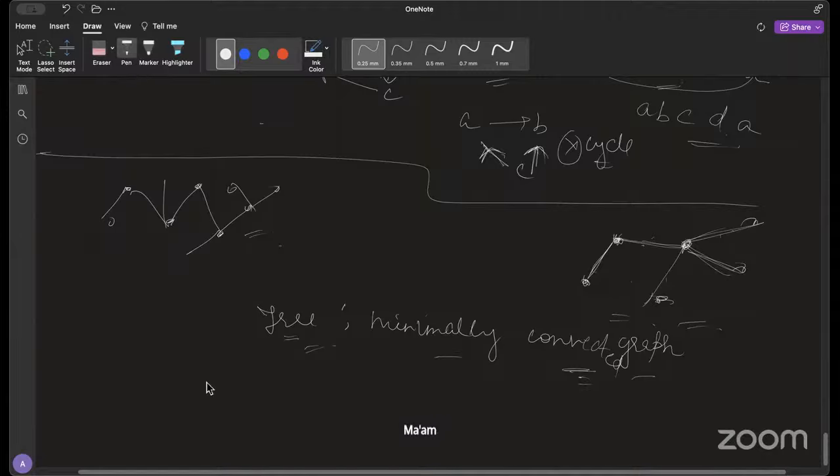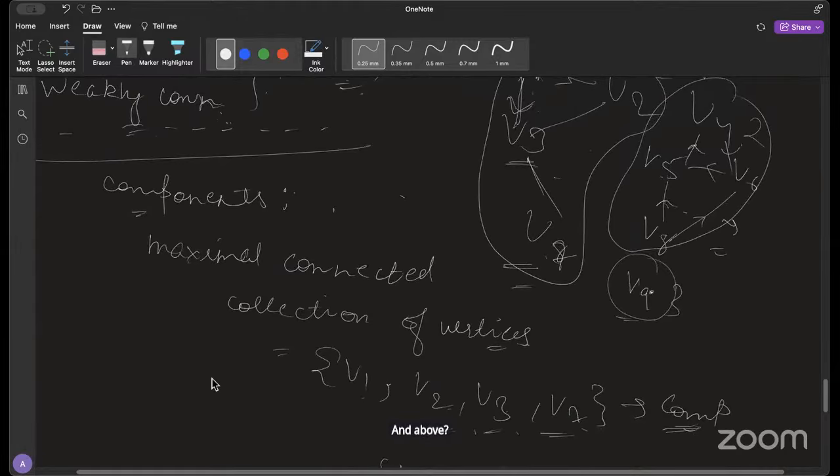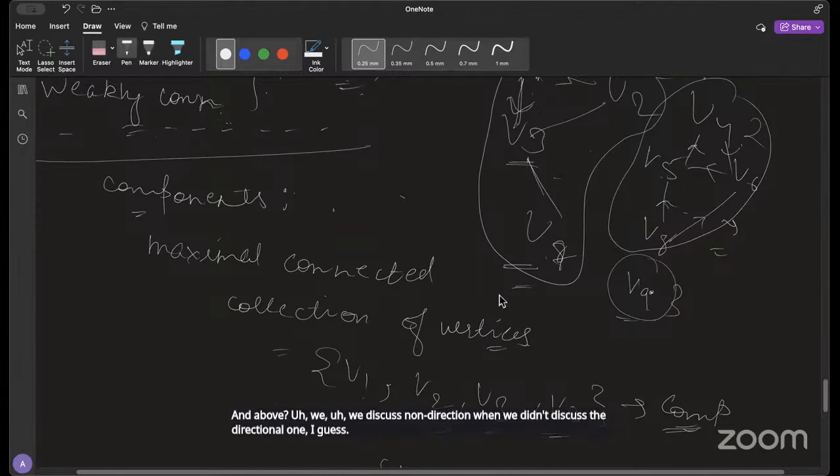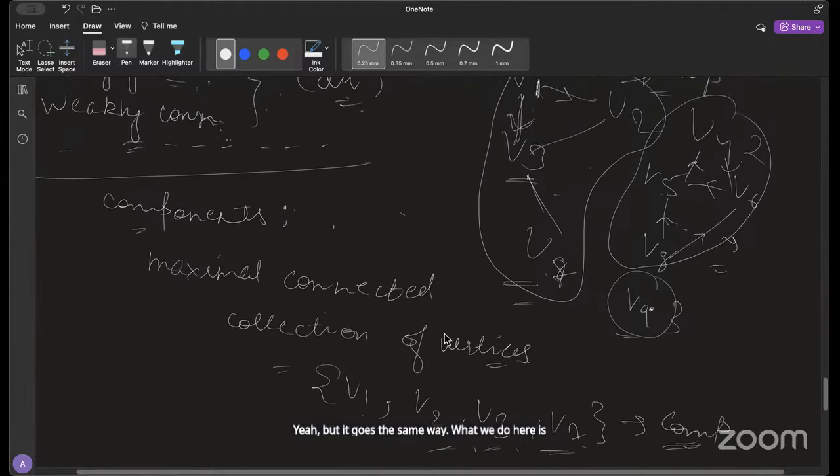Ma'am, one thing when you were discussing the components above, we discussed the non-directional one. We didn't discuss the directional one, I guess. Yeah, but it goes the same way. Here we were ignoring the directions.